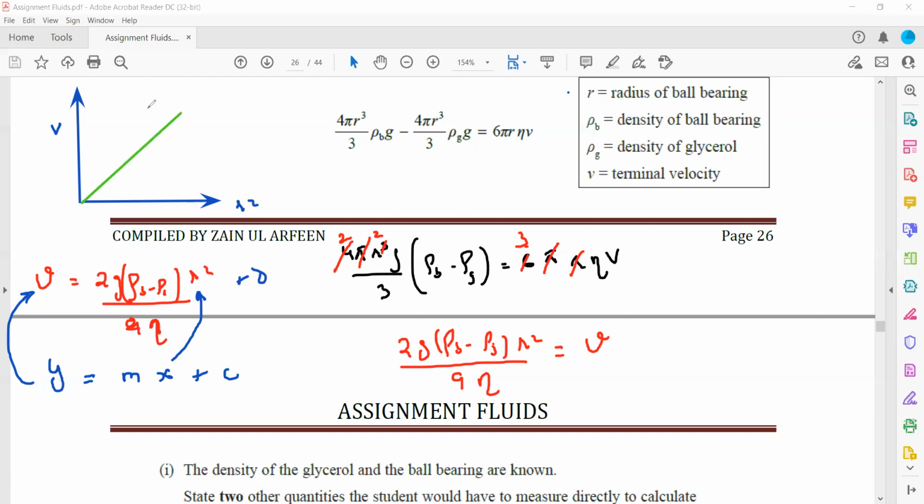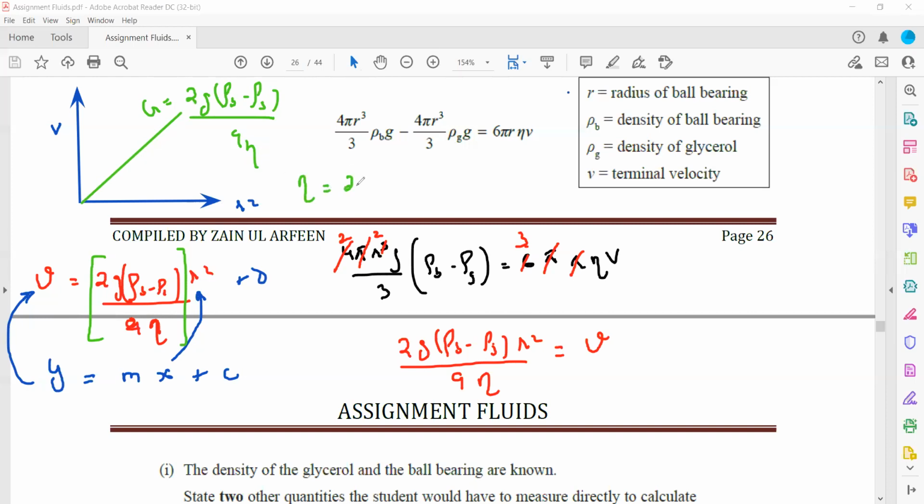The gradient of this line is equal to the things which are left other than r square, that is, 2g, the difference in the density of the ball bearing and glycerol, divided by 9 eta. But we need the viscosity here. So how do we work out the viscosity?